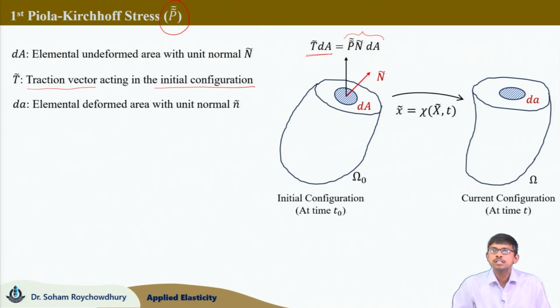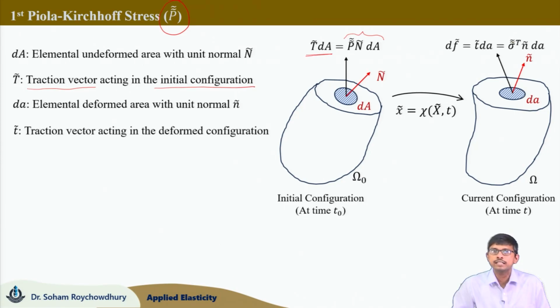The area d capital A is now deformed to d small a with unit normal small n vector, and small t vector being the surface traction acting in the deformed configuration.